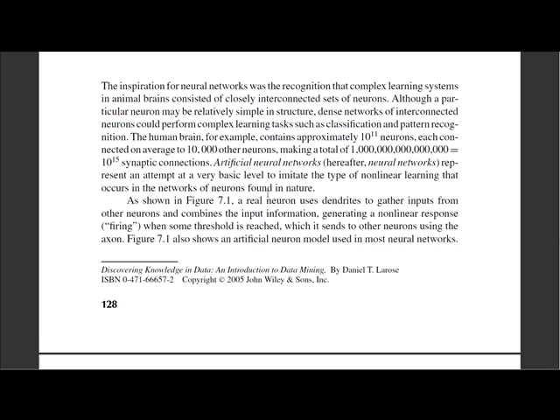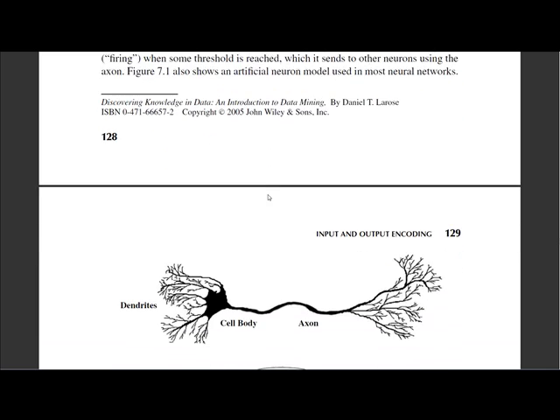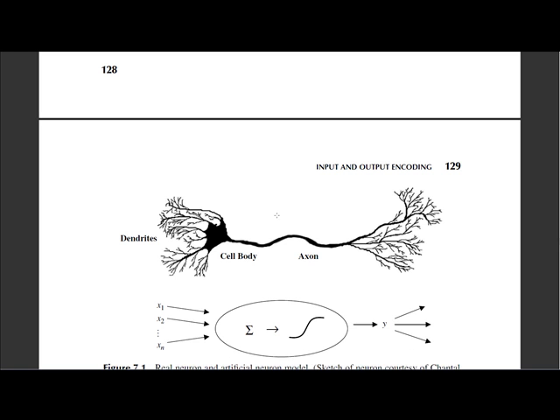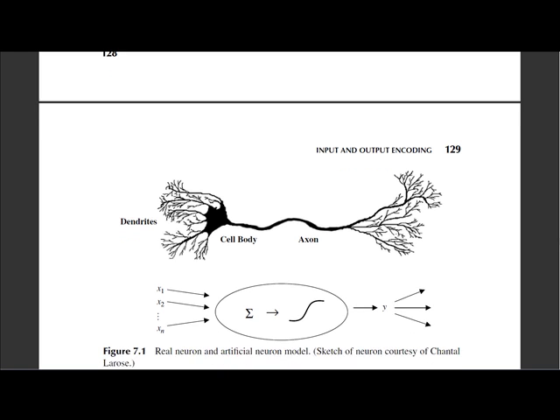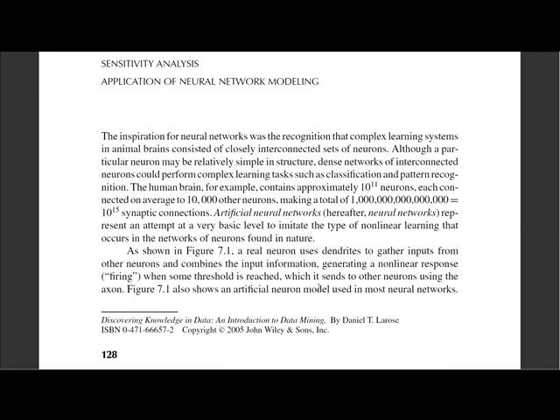As shown in figure 7.1, a real neuron uses dendrites. So here's supposedly a drawing of a real neuron, and this is what we mean by an artificial one. It uses dendrites to gather inputs from other neurons.